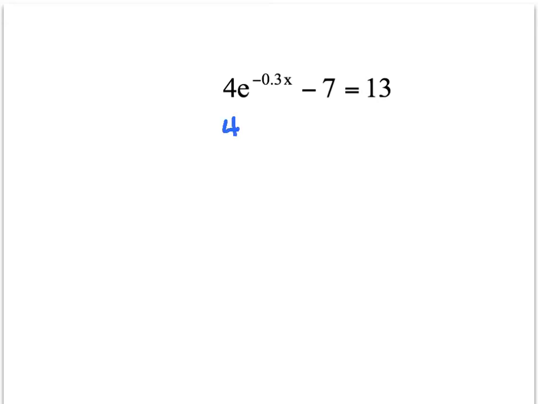And so 4 e raised to the negative 0.3x is going to be equal to, when I add 7 to 13, 20. And the next thing I'm going to do, I'm going to divide both sides through by 4. On the left side, I'm going to have e raised to the negative 0.3x power being equal to, on the right side, 20 divided by 4, which gives me 5.